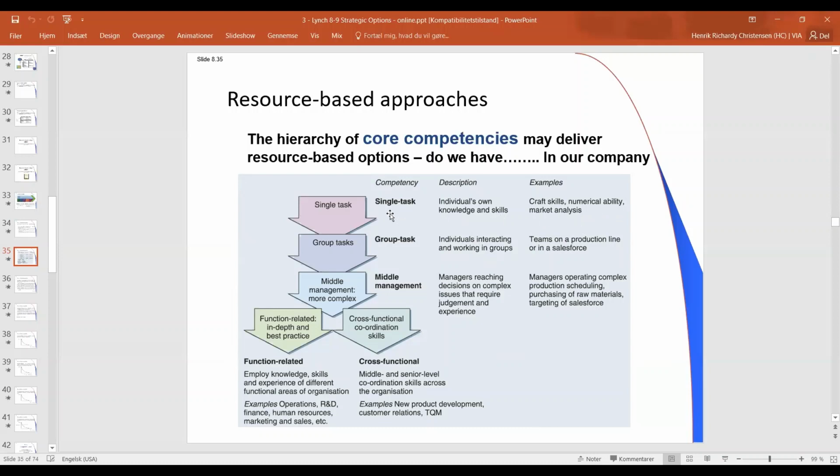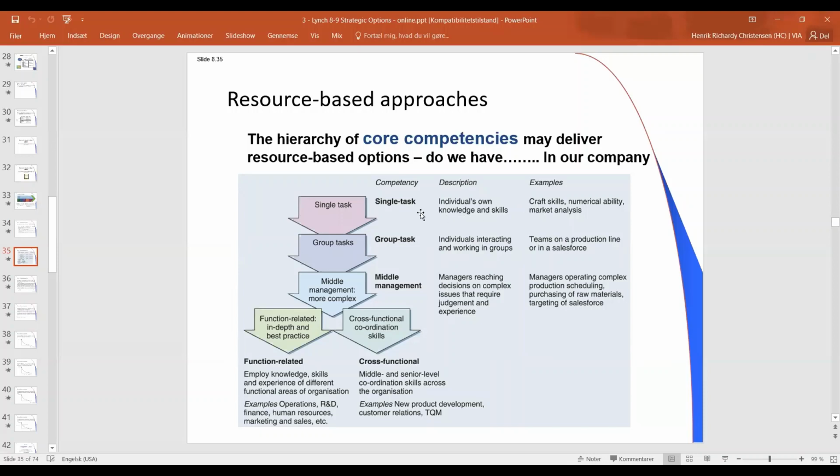It could also be a communication student who has a job at a company where we have a single task, and it is your specific knowledge and skills within analyzing and planning communication. That means it's your specific analysis skills and knowledge within communication.